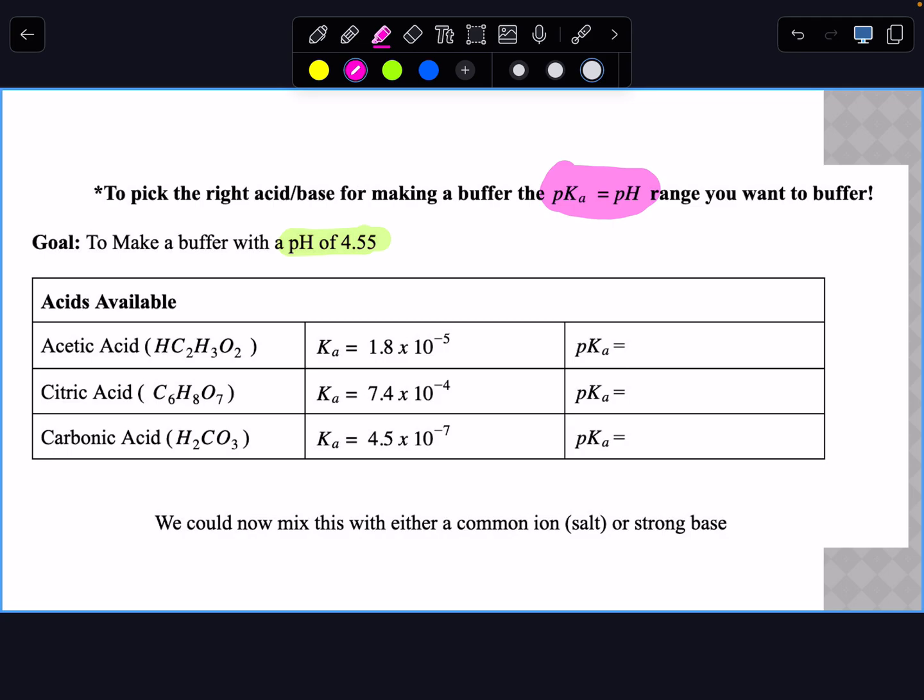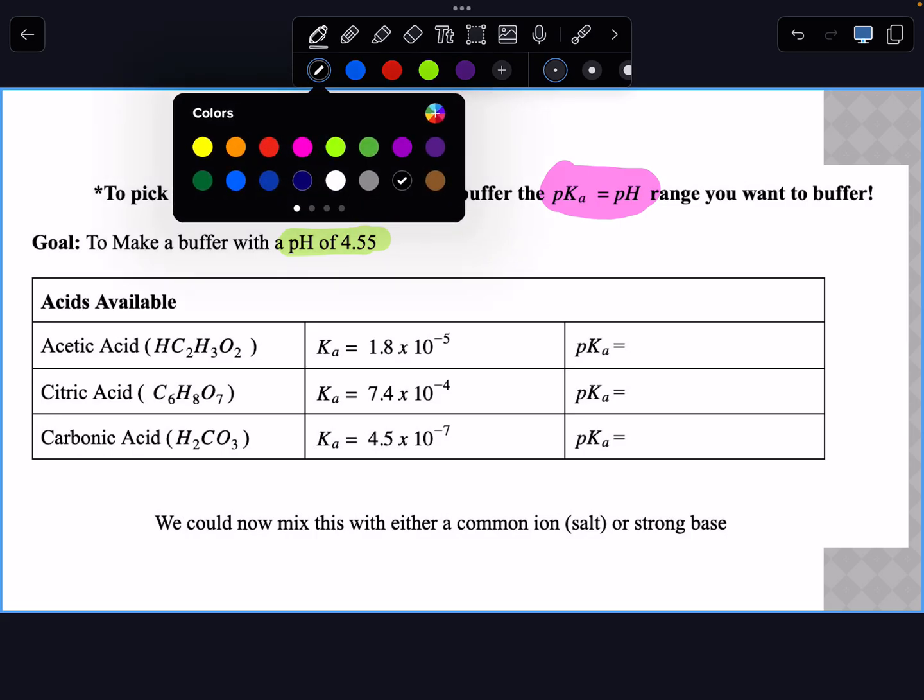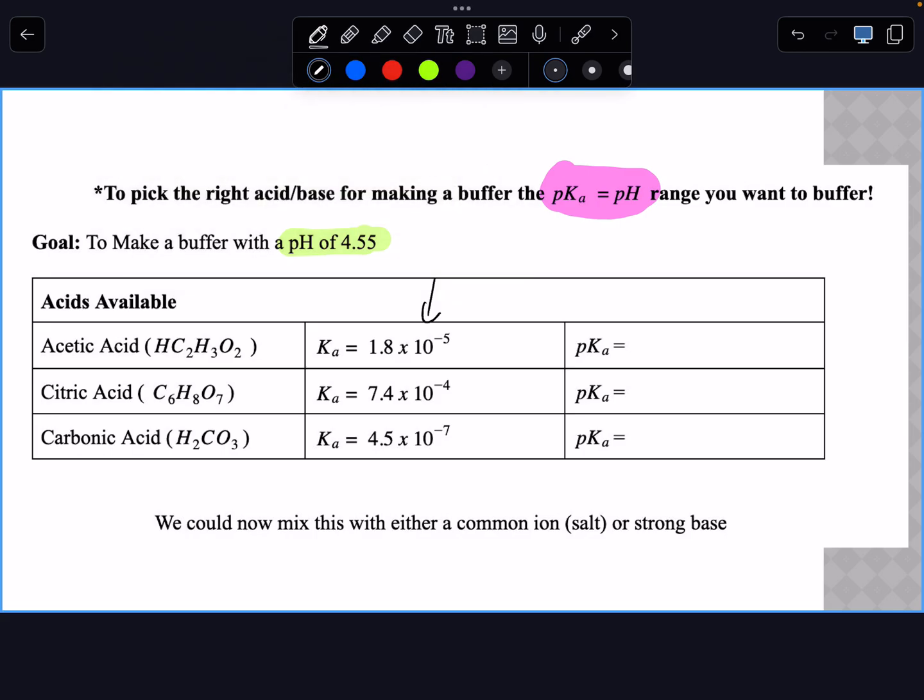Now the way we do that is by calculating the pKa. We could plug the negative log of all these numbers into our calculator. But I'm going to show you really quick, for multiple choice's sake, how you can estimate a log to save you some work. The way to estimate the negative log of this number is by looking at the exponent; it's always going to be in the range of that number and one less.